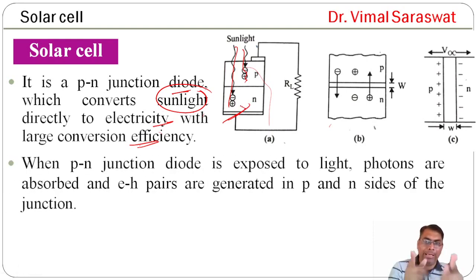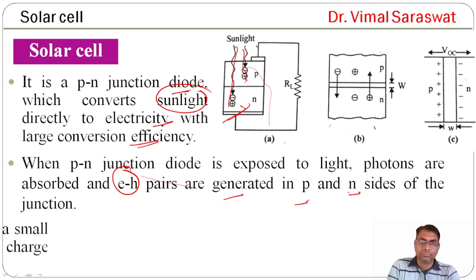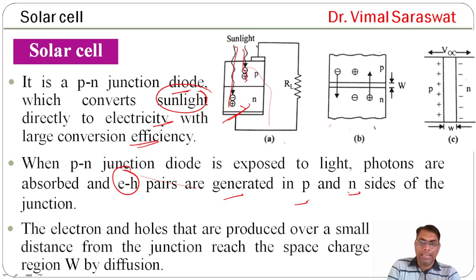When a PN junction diode is exposed to light, photons are absorbed and electron hole pairs are generated in the P and N side of the junction. The electrons and holes that are produced over a small distance from the junction reach the space charge region W by diffusion.